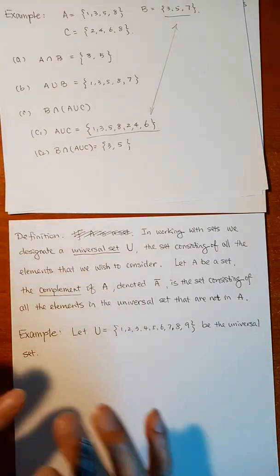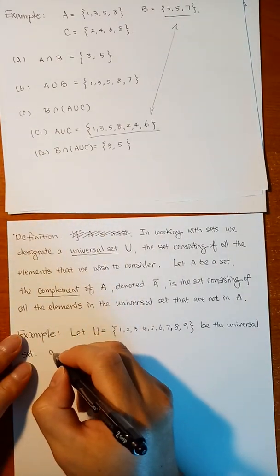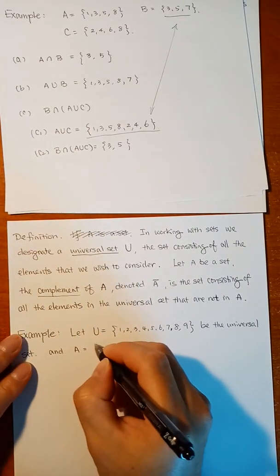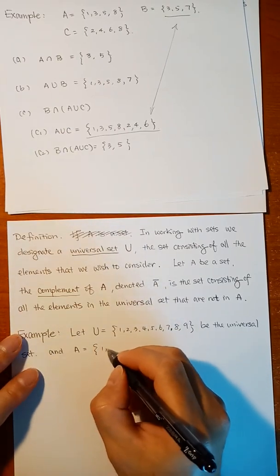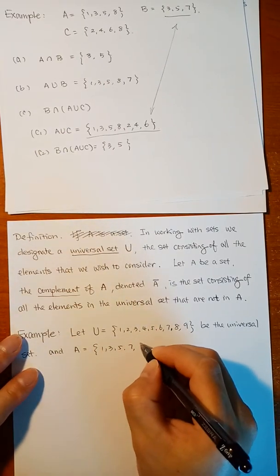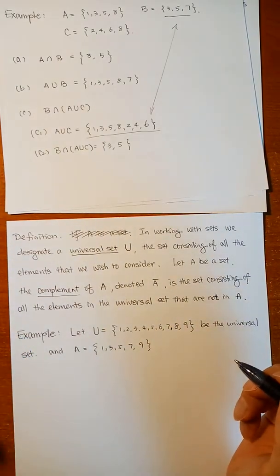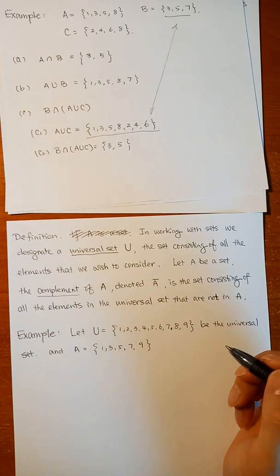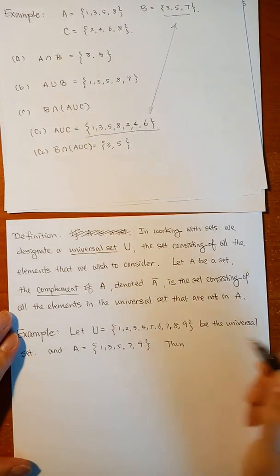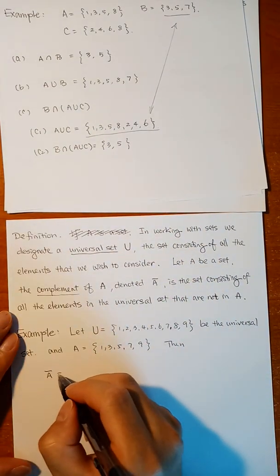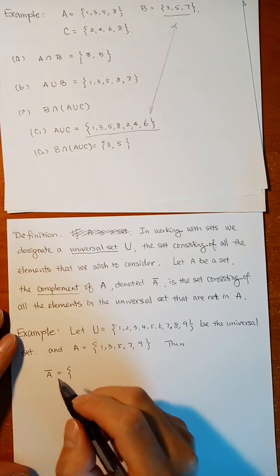Okay, so we have a universal set like this, and A is odd numbers. Then what is A bar? The complement. Whenever you see this, this is complement.